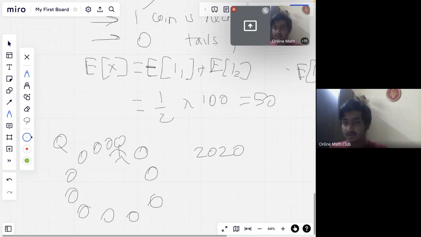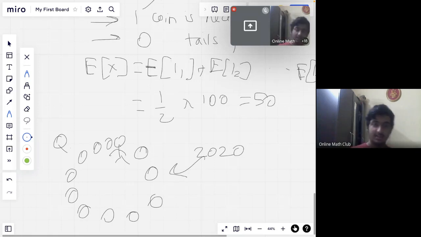I'll repeat the question again. There are 2020 babies sitting in a circle. At random they poke either the baby to the immediate left or the baby to the immediate right. You need to find the expected number of babies that are poked. A baby can be poked by the one on the left and the one on the right, or not at all.